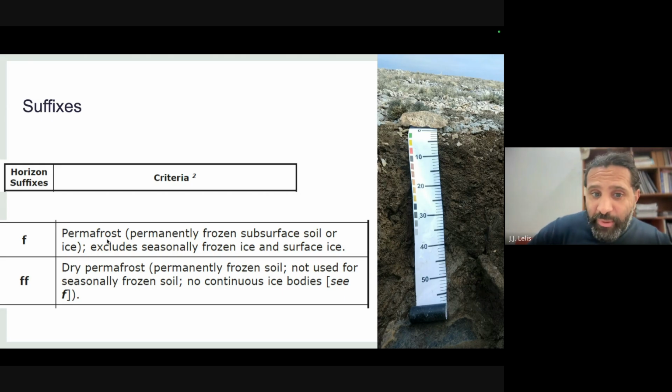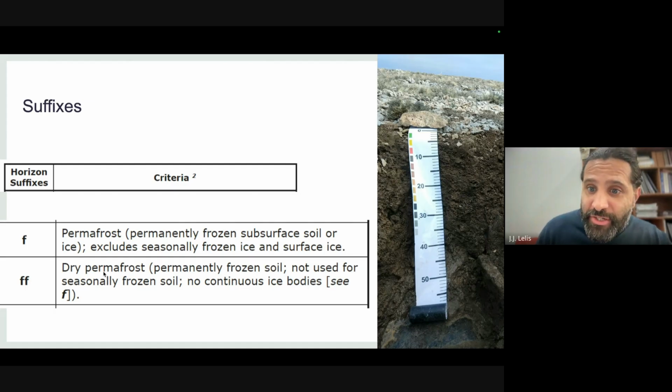The letter F can be used with W, horizon and layer, but can also be used with other horizons and layers, okay? As soon as I can see frozen water, okay? In some cases, I can also see dry permafrost. The dry permafrost is more common in the driest regions of Antarctica, in the areas that don't have even a high amount of water that can be frozen.